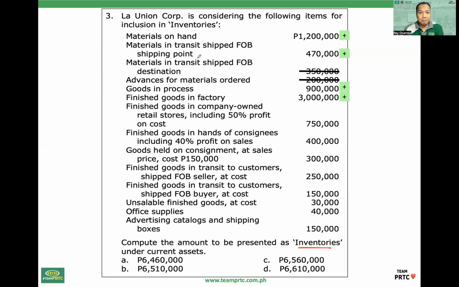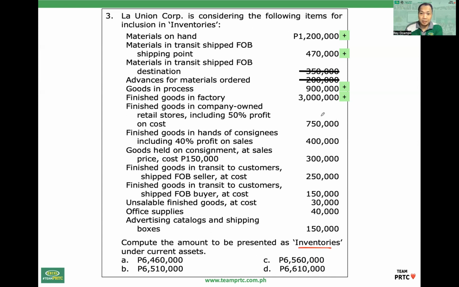Finished goods in company-owned retail stores, include. But the amount includes profit. Okay? So let's remove the profit. It should be at cost. This 750 includes a 50% profit. The basis of the profit is cost. So this 750 is 150%.